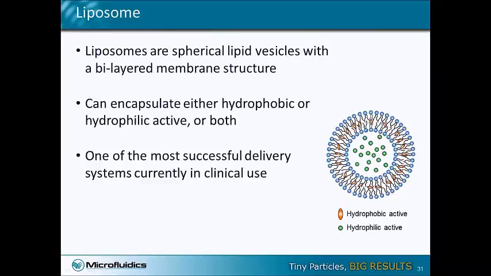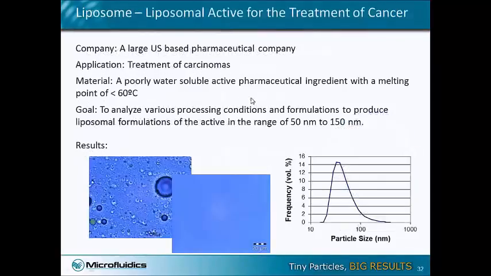This is an example showing the creation of liposomes. This was done for a large US-based pharmaceutical company, and it's a liposome formulation for treatment of cancer. The goal of this test was actually to create liposomes in the target range of 50 nanometers to 150 nanometers. The results are shown here.